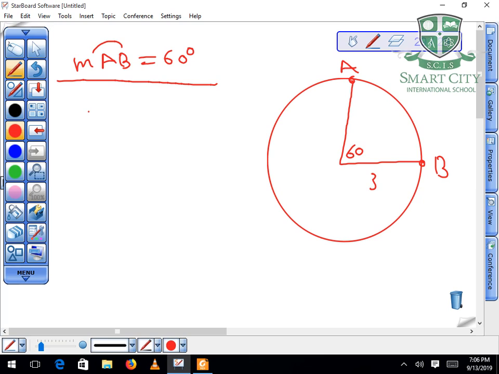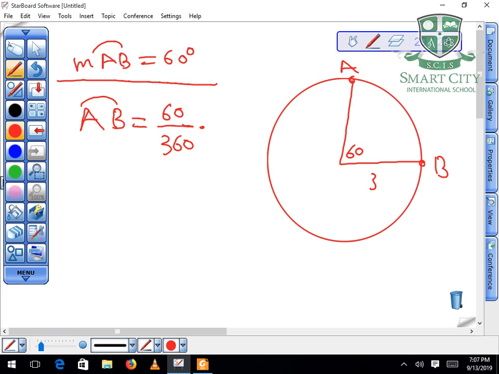So it equals the same fraction, 60 over 360, times the circumference, because the arc length is a part of the circumference.